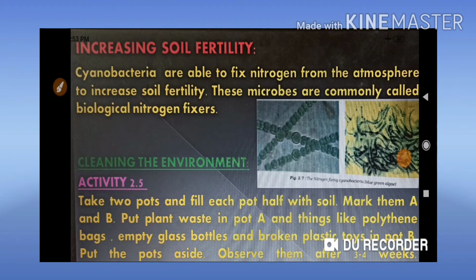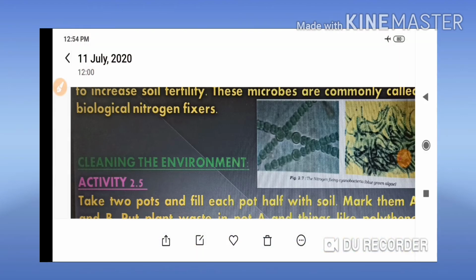That nitrogen is initially in the gaseous state. Plants will not directly absorb the nitrogen which is there in the gaseous form. So indirectly they depend on these bacteria, which we call cyanobacteria, which play a very important role to convert the nitrogen present in the atmosphere to ammonia, to nitrite, and nitrite to nitrates. Those become nutrients for the plant.